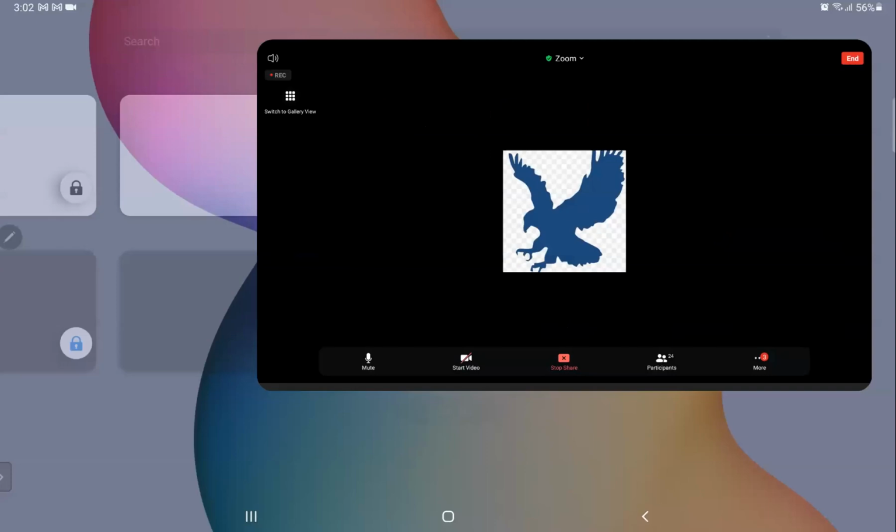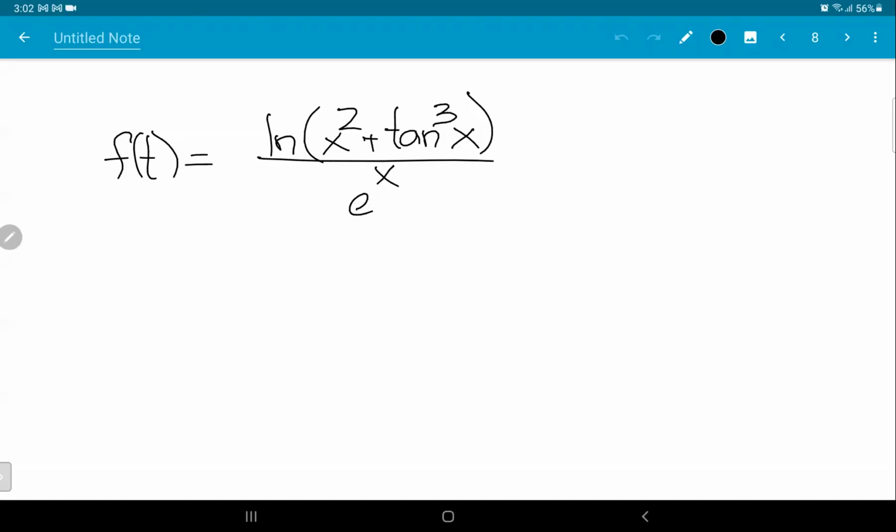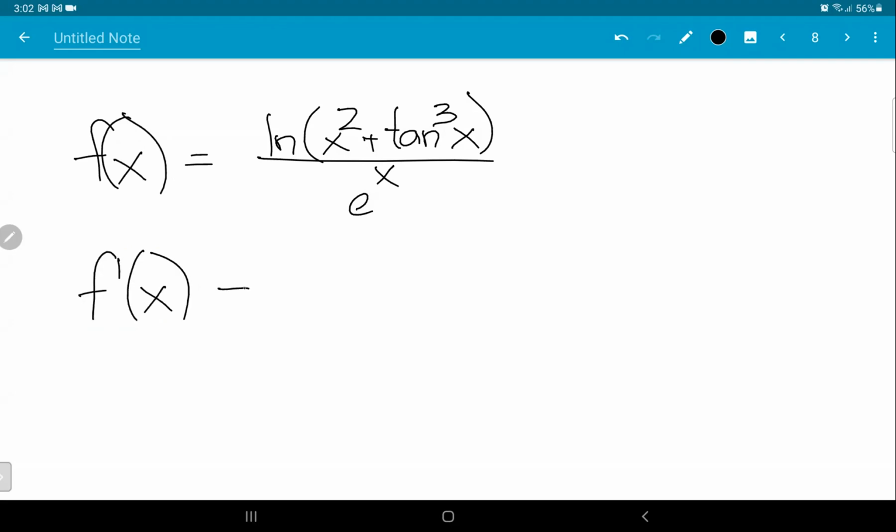Okay, so differentiating f. f prime of x equals, so quotient rule.